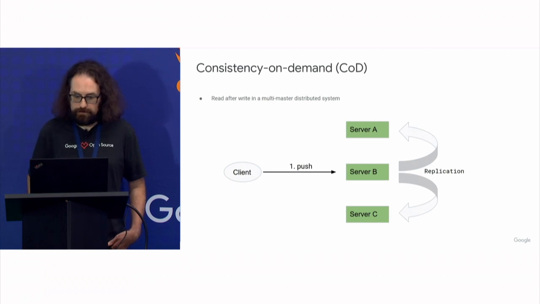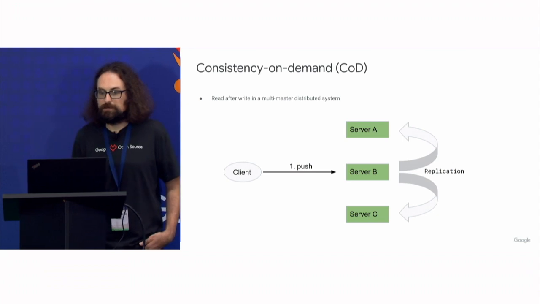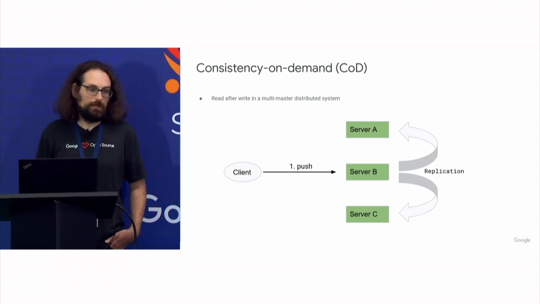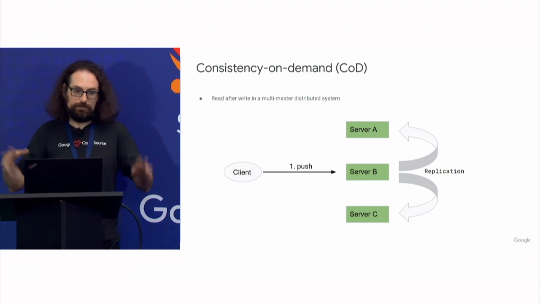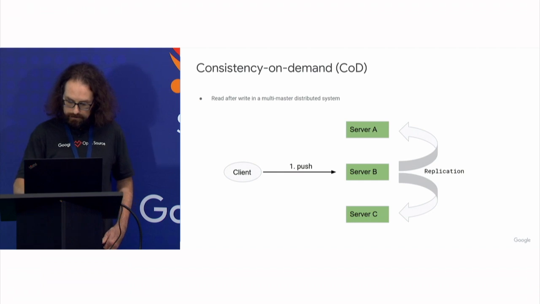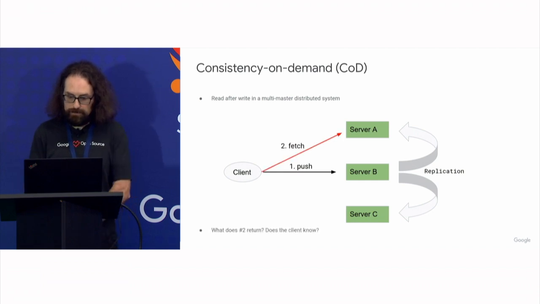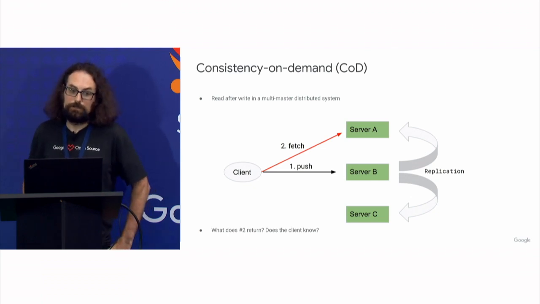The idea of consistency on demand is basically a problem of read after write in a multi-master system. So the client does a push to a server. Internally, the server does the replication to spread that change. But then when the client does a fetch and it goes to a different server, the question is, what is that fetch going to return?